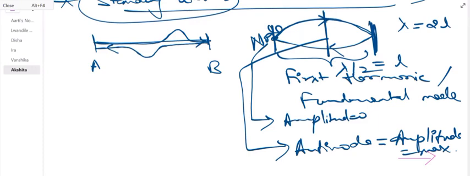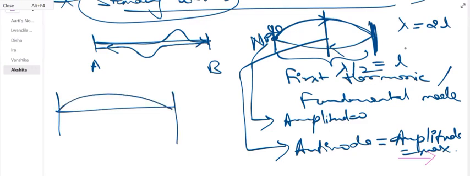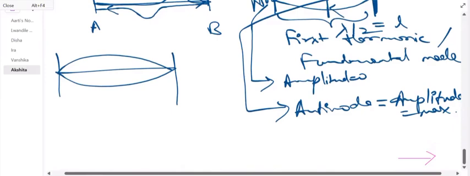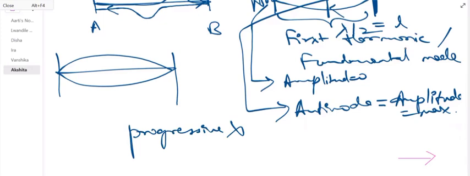Correct? Yes, ma'am. Okay. Now this particular thing tells us that the wave is not progressive in nature. It is standing at one place and it's just vibrating. So hence a standing wave is never progressive in nature. Second thing, it is always released from a coherent source.